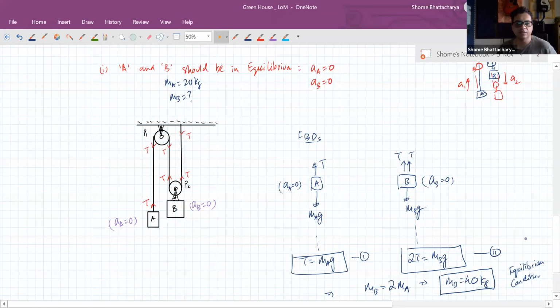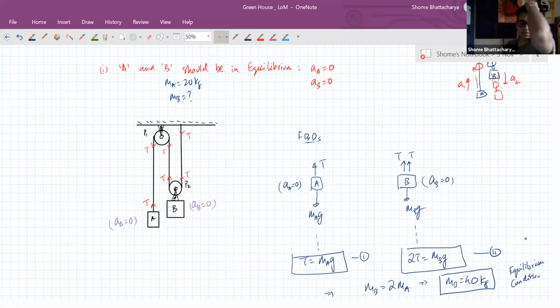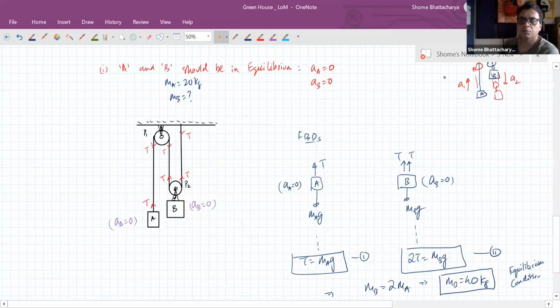If the mass of B is exactly 40 kg or its weight is double, then the system will be balanced. The way A and B are pulling on the thread will develop a tension of 20 newtons, which will make sure that A's weight is balanced and B's weight is also balanced because the thread is going around that pulley. So the tension acting on the block B is double of the tension acting on block A.